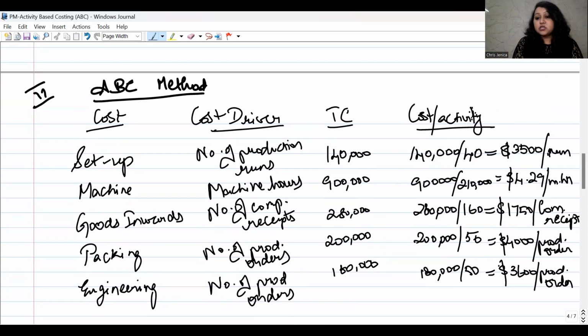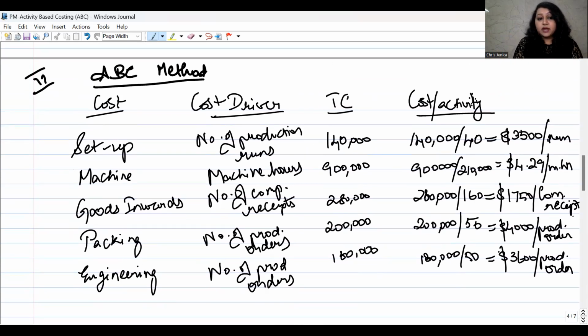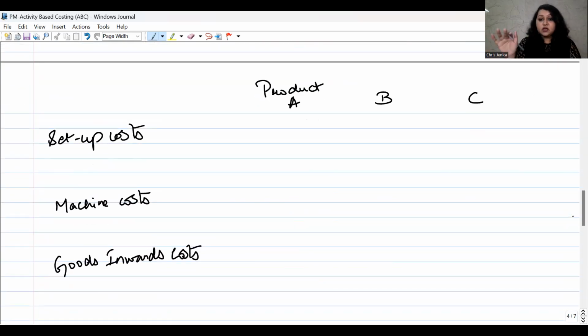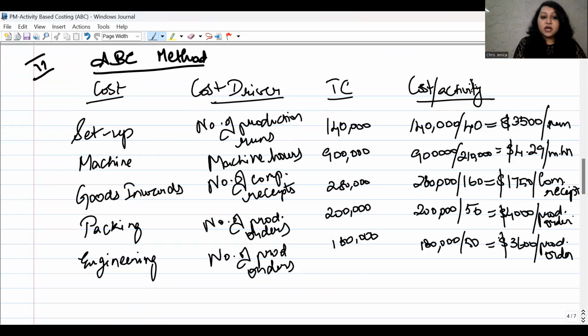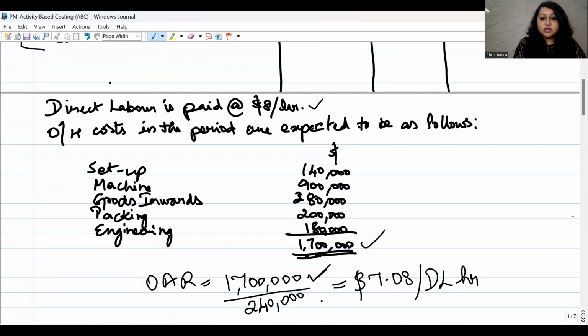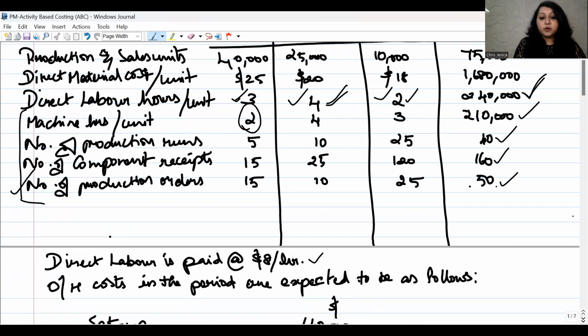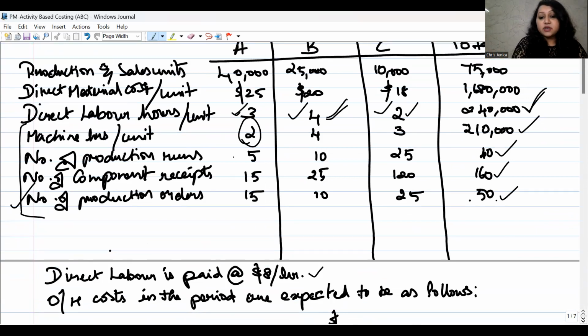Now we have found out the cost per activity, right? Now we will allocate the cost. So for product A, we know how many hours they have incurred. Setup cost is based on the number of production runs. So how many production runs actually for product A, B, and C?